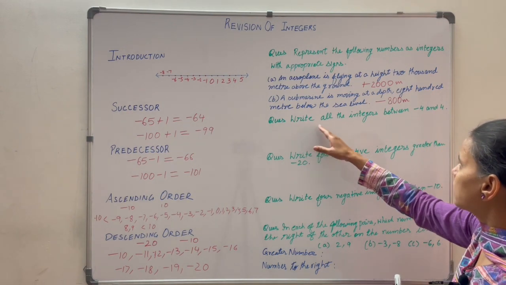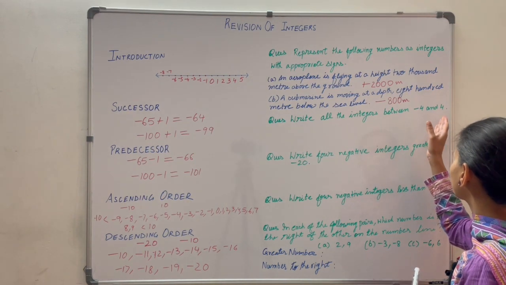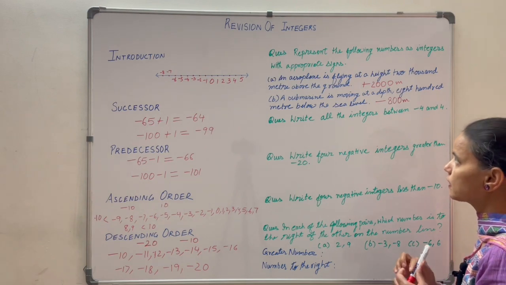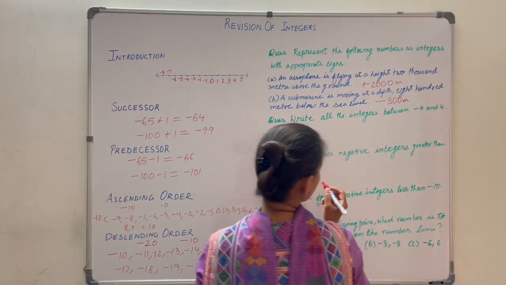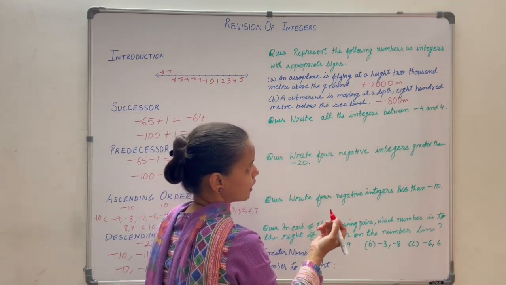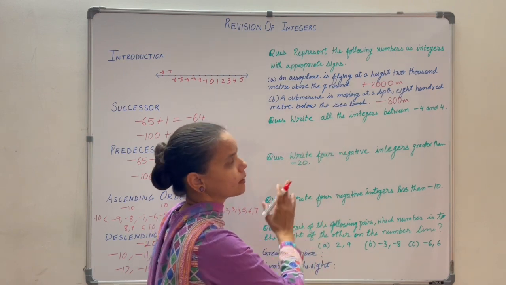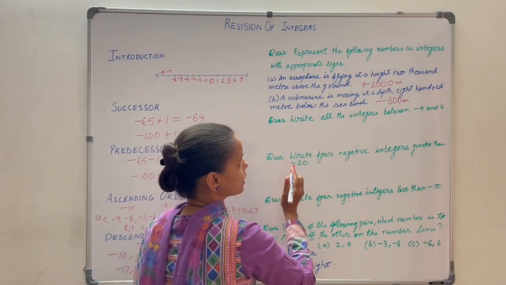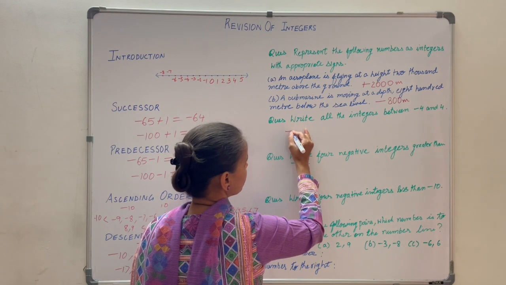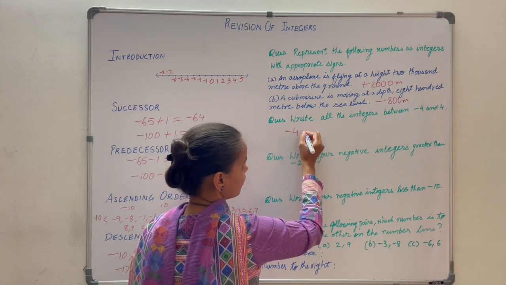Now, write all the integers between minus 4 and 4. We can write them in any order; they did not tell you to write in ascending or descending order. Let us write from minus 4, the smallest.